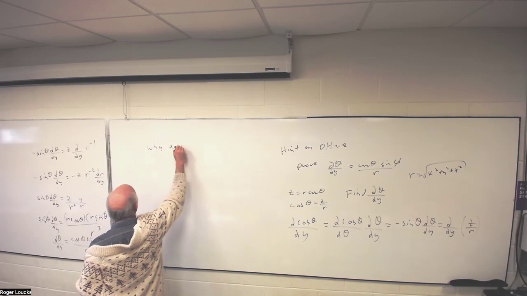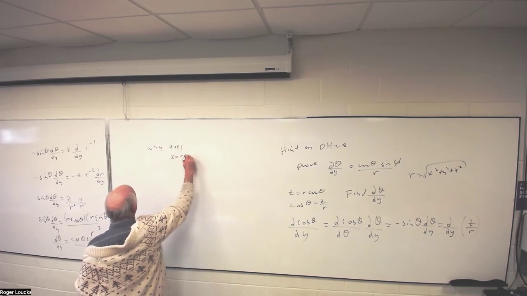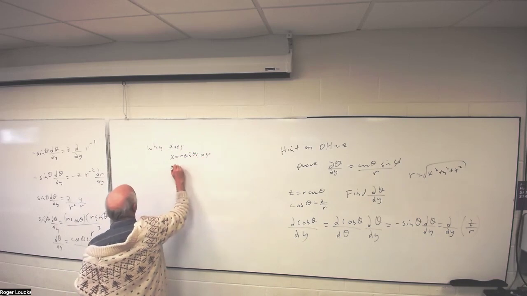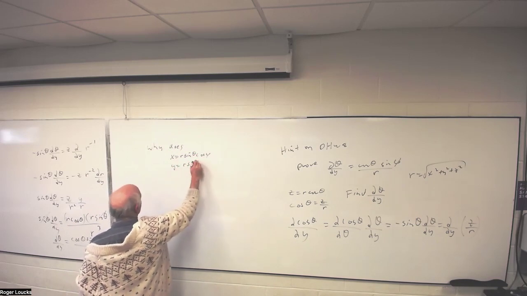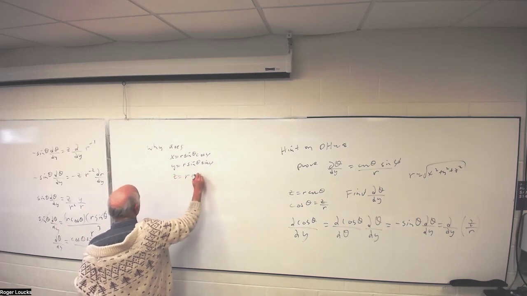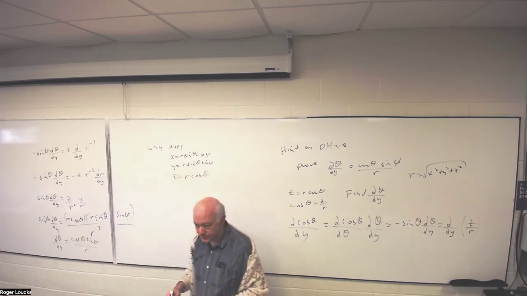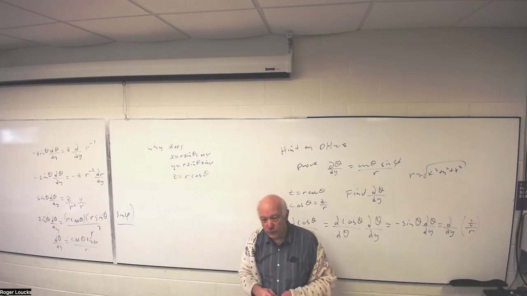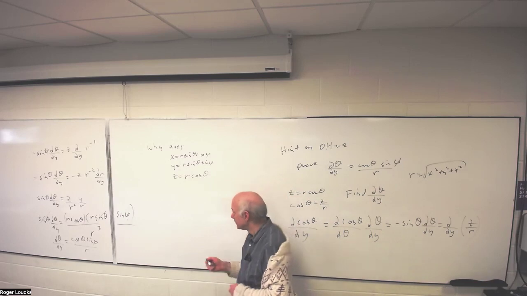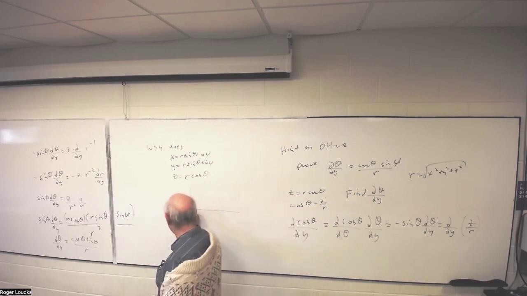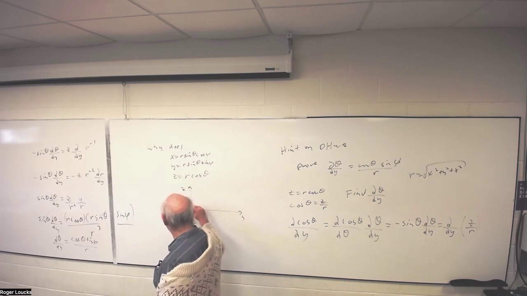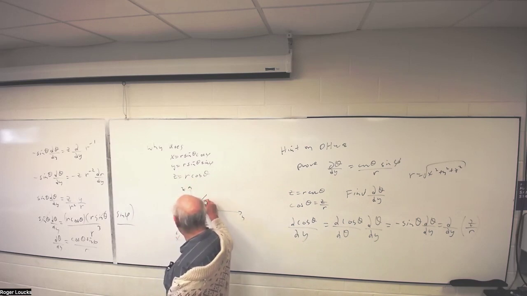Why does x equal r sine of theta cosine of phi, y equal r sine of theta sine of phi, and z equal r cosine of theta? Prove those for me. This is r.